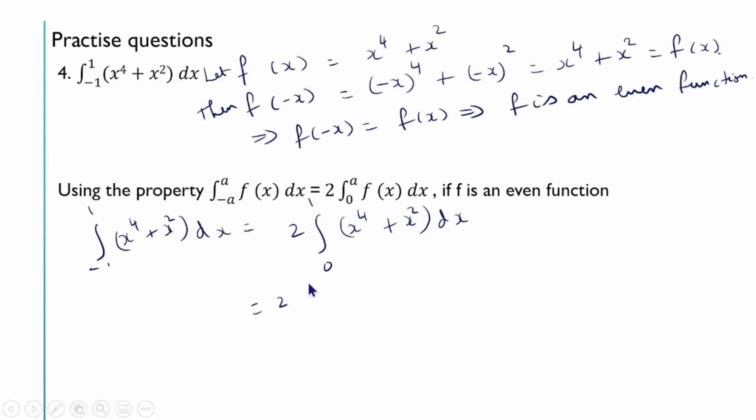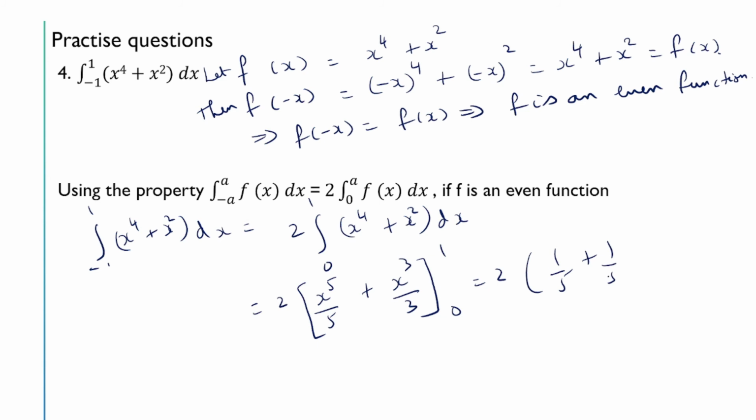Since this function x raised to 4 plus x square is an even function, this is equal to 2 into, now we know how to evaluate this integral. Integral x raised to 4 dx is x raised to 5 upon 5 and integral x square dx is x cube upon 3. So this is equal to 2 into 1 by 5 plus 1 by 3, upper limit is 1 minus lower limit is 0.